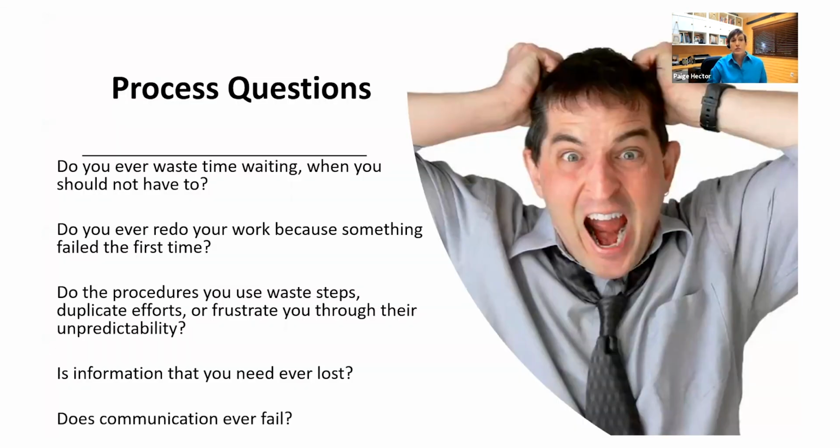One of the things you can do is take a look at, and I showed you this slide before, ask yourself these questions. Ask your staff these questions, and if any of the answers are yes, I guarantee you that if you start looking at the processes, making your processes more efficient, you will find more time to incorporate trauma screening and more person-centered care.